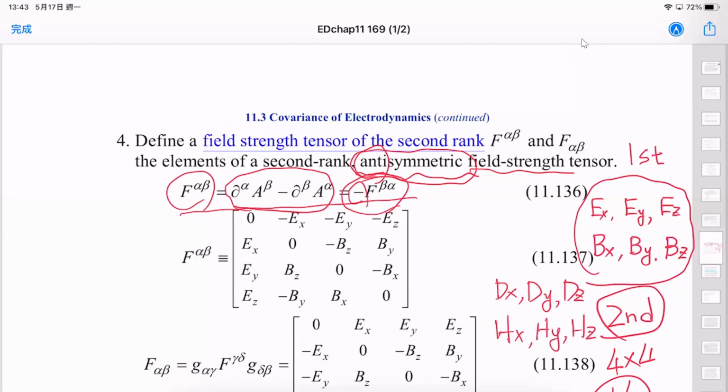We have 12 components. But for vacuum, because here we discuss relative motion, so we prefer free space. Therefore, we won't discuss this one. These are closely related to the 6 components shown here.